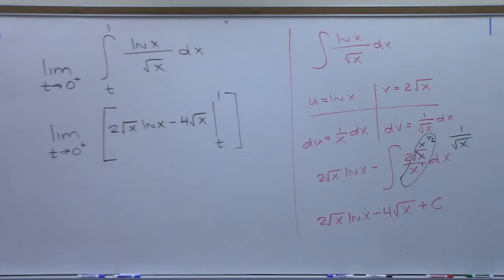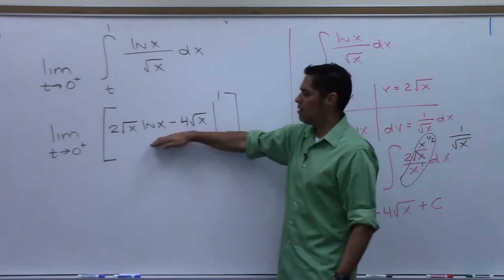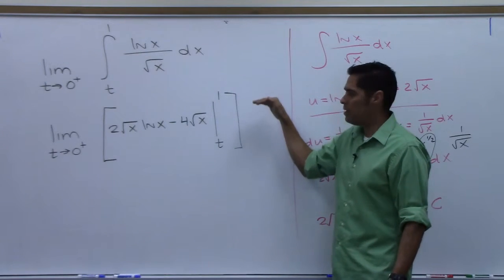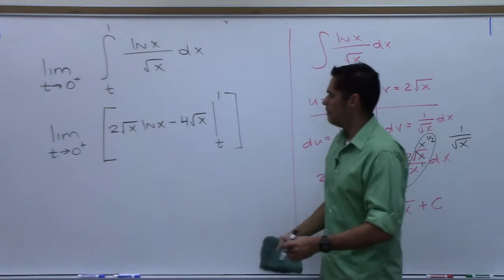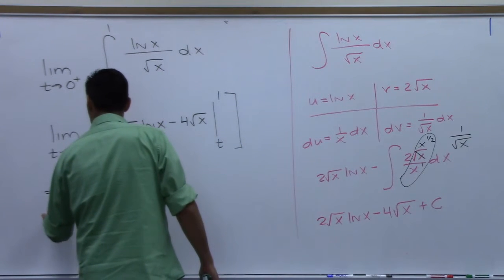Let's make sure everyone's on the same page and has the antiderivative. Once you have it, you plug it back in and say I'm about to evaluate that at 1 and at t, then figure out what I've got. The limit stays here until the very end.